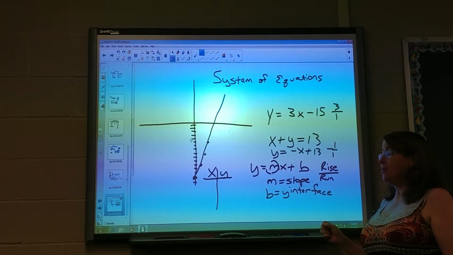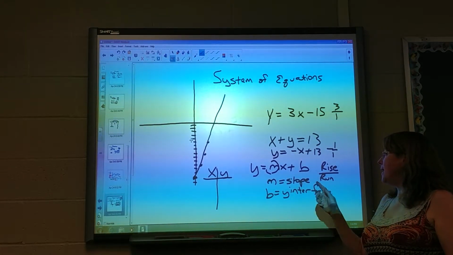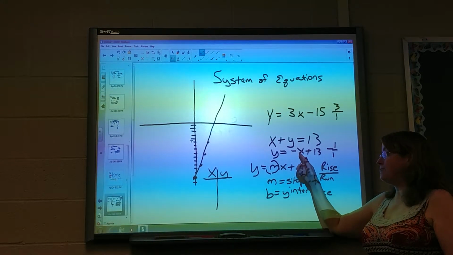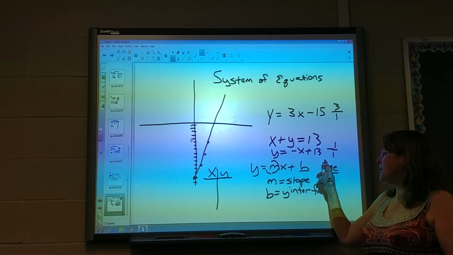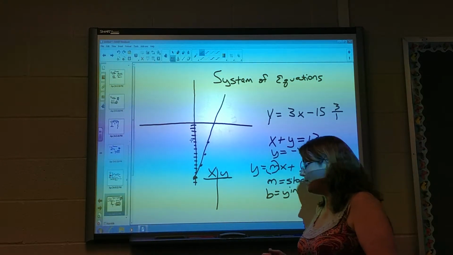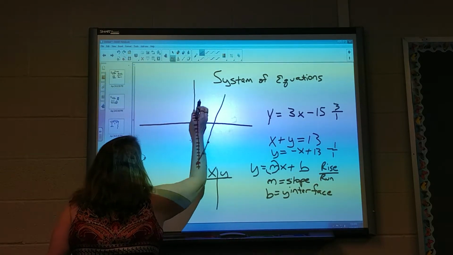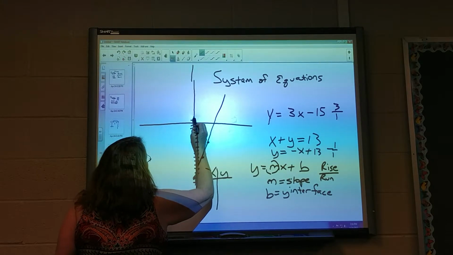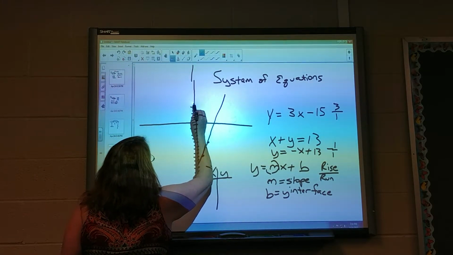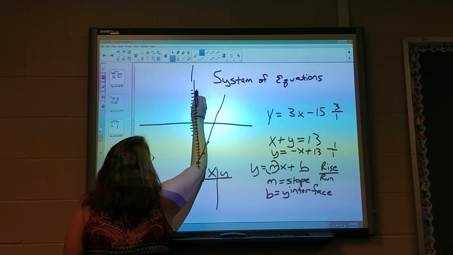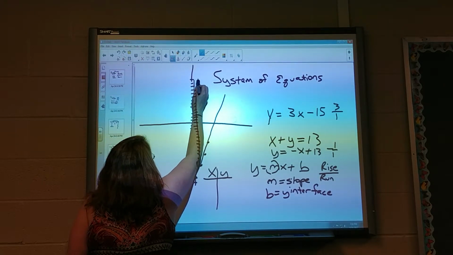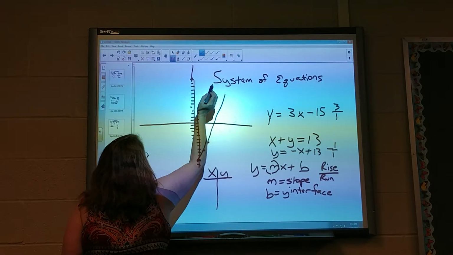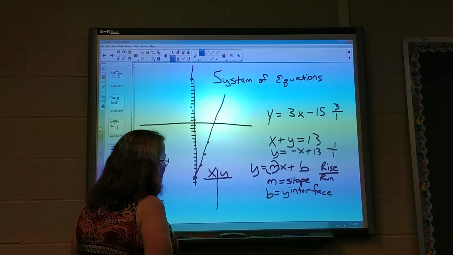I'm going downhill 1, and I know that when I put 0 in for x, I'm going to be at 13, so I have to go higher on this one. 13 is about there. So there's 13 on the line as best as I can do.